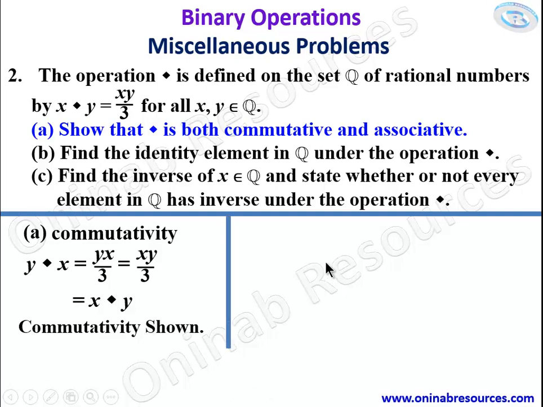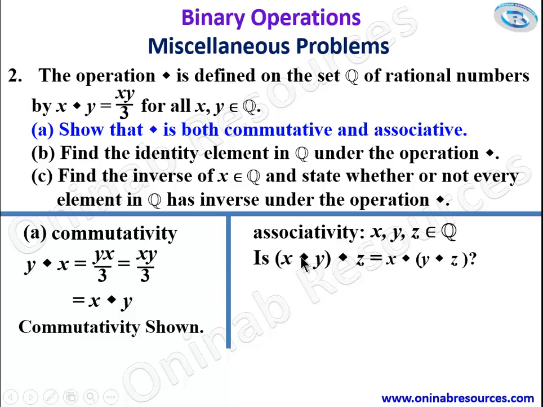We go for associativity. For associativity, we need 3 elements to show the associative property. So x, y, z in Q. Then we show x operation y in bracket operation z is equal to x operation open bracket y operation z. So we start from the left hand side, which is x operation y in bracket operation z. We pick these first two.